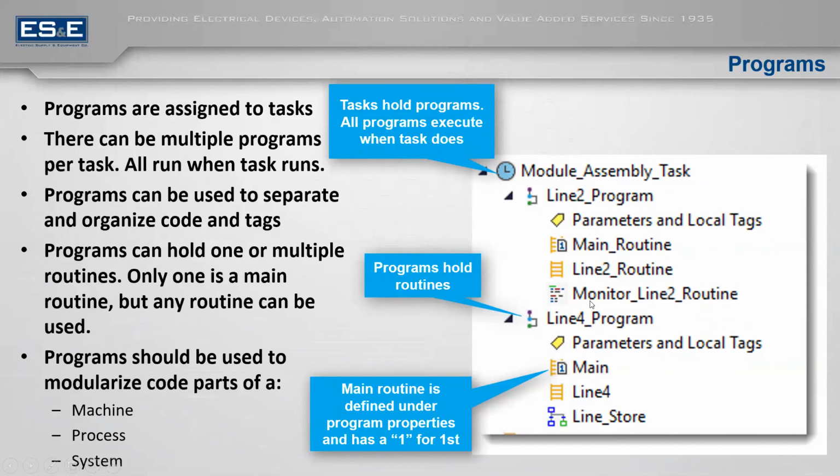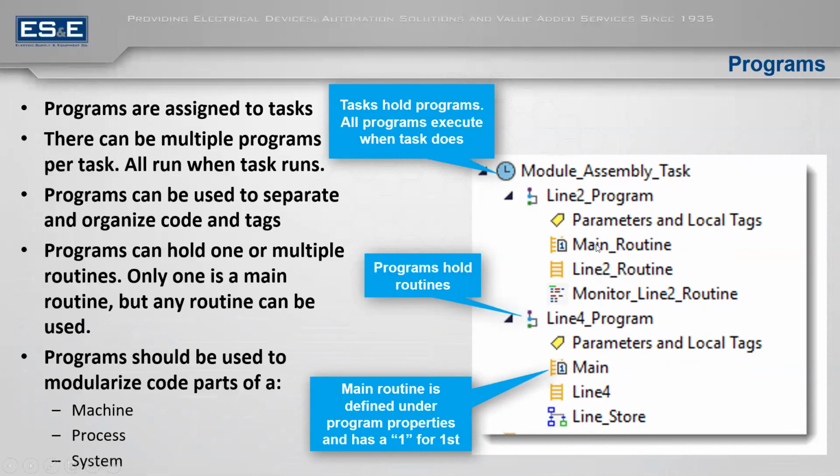One key thing that I point out here in this bottom one: every program must have a main. It doesn't need to be called main, but it must have a routine that will always be executed, and it is shown as the number 1, and it will always execute first. The rest of them do not need to be in proper chronological order.